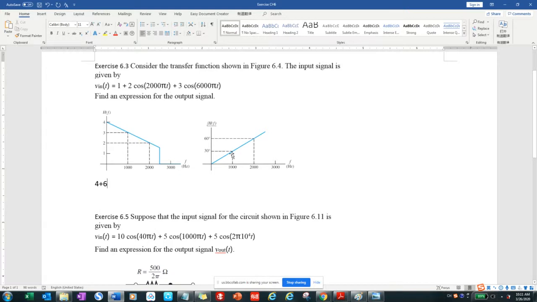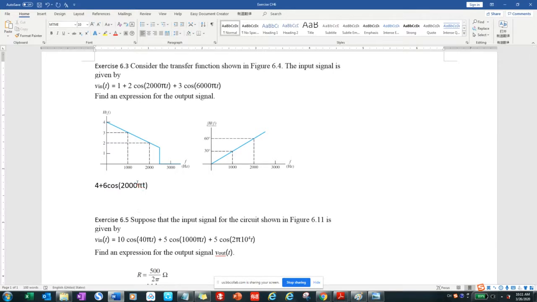After the transfer function, you have a phase angle of 30 degrees, so we know it should be, we won't change the frequency, so it's still 2000 pi t plus 30 degrees. This is the second component.